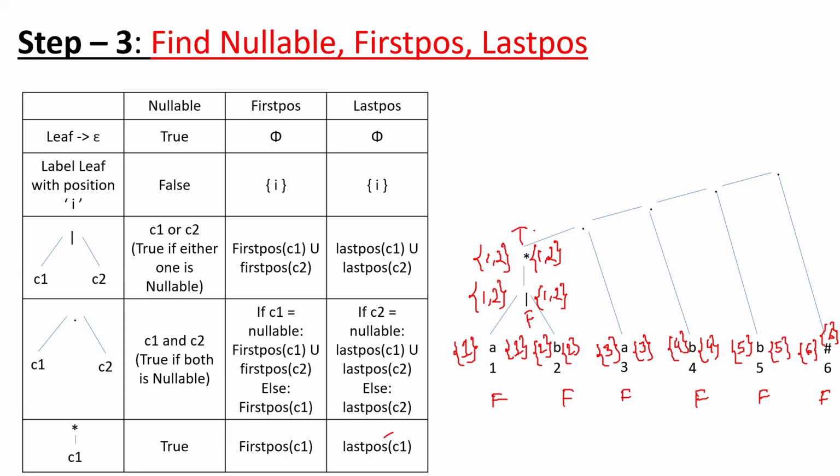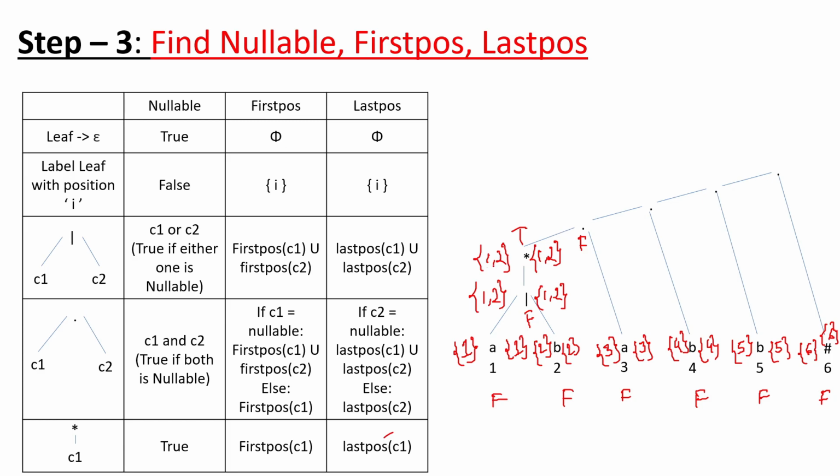For multiply we can see here C1 and C2. Only if C1 and C2 both are nullable will this multiply AND condition be nullable. Its child, this one is star, it is true, yes, but its other child, A, is again false. So the condition isn't satisfied, so this will be false. What is its first pos condition? In the first pos we check whether child 1 is nullable. Yes, child 1 is nullable. So we're going to take the union of first pos of child 1 and first pos of child 2.